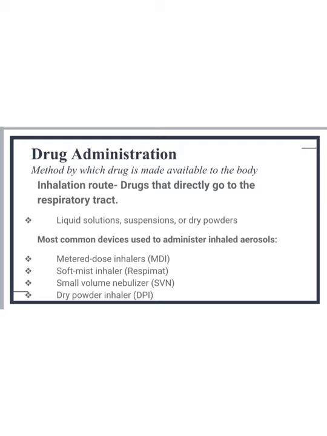Okay, so drug administration is how the drug is made available to the body to be used. So routes of administration include enteral and parenteral. Enteral means the drug passes through the intestines. So a pill would be enteral, or a medication that is delivered through a PEG tube.